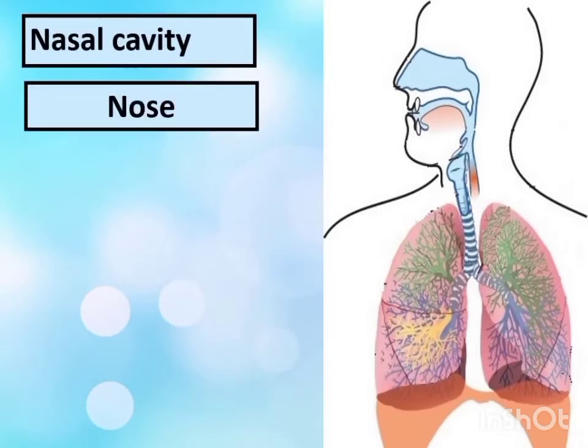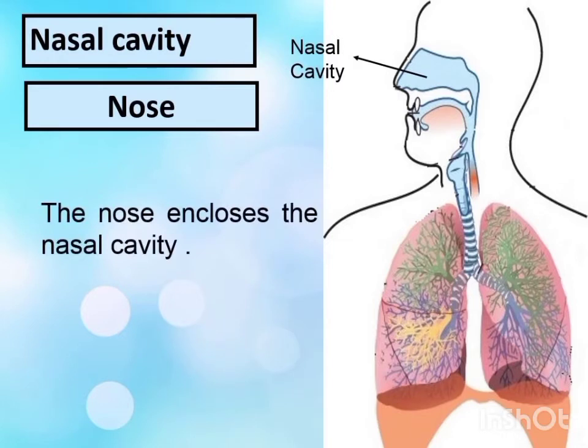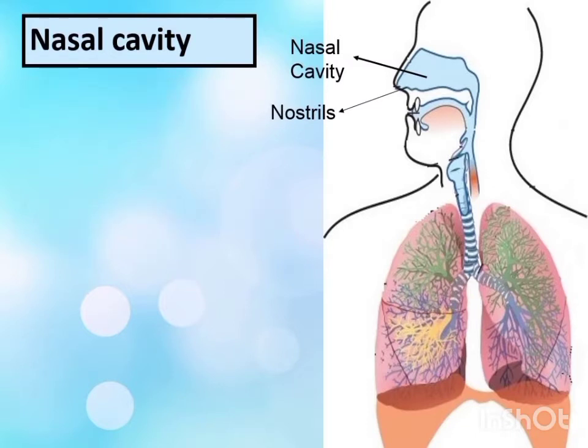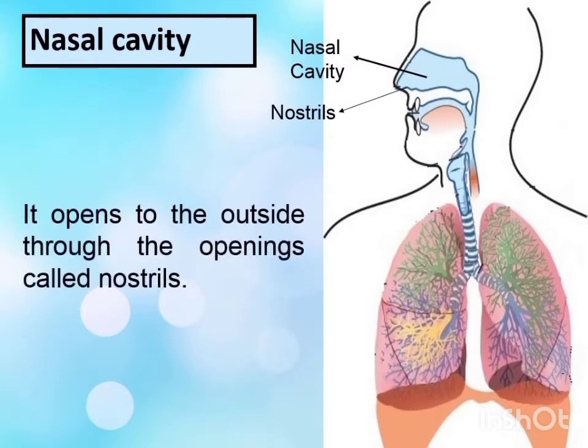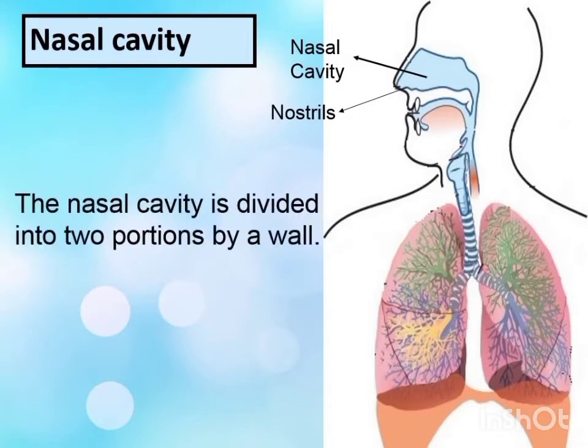Nasal cavity. It is also called as the nose. The nose encloses the nasal cavity. It opens to the outside through the openings called nostrils. The nasal cavity is divided into two portions by a wall.